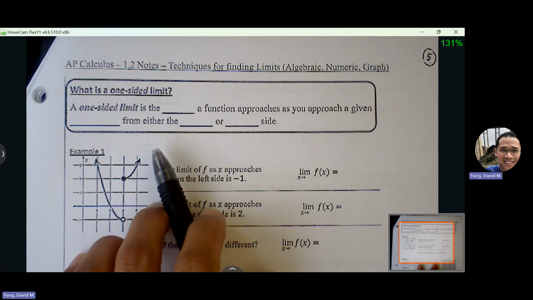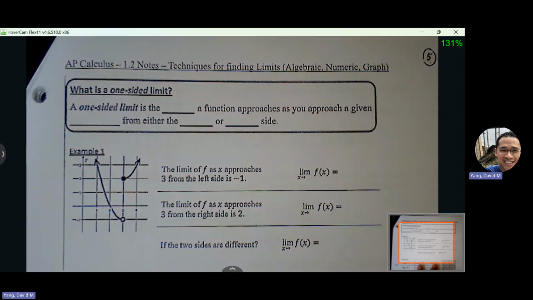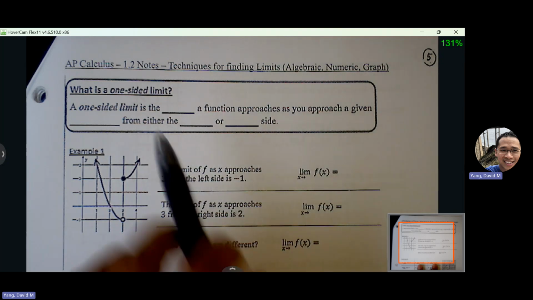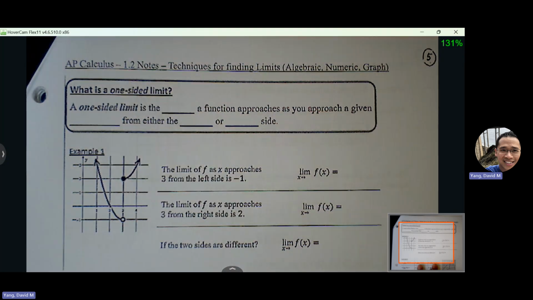Now, let's just say we are looking at the behavior of one of the arrows. If that's the case, then we consider that looking for a one-sided limit. A one-sided limit is not a full limit. It is like a partial limit. It is just asking for the movement from one side of that target.